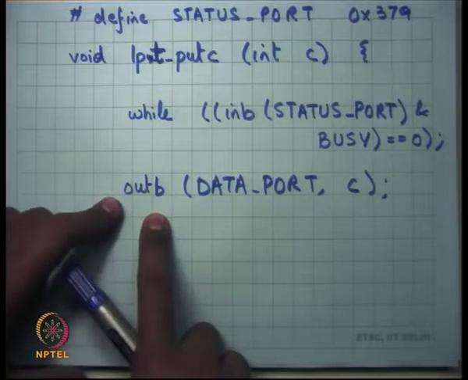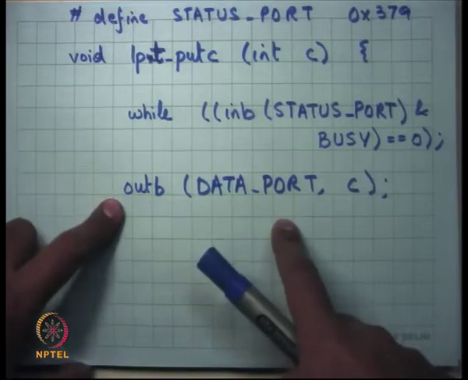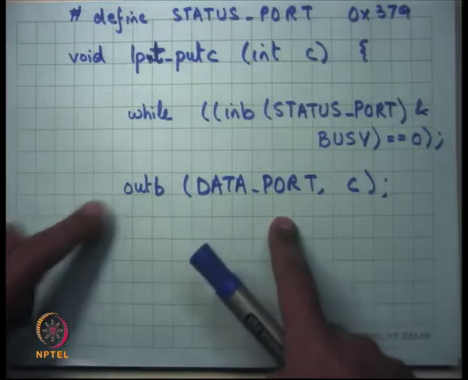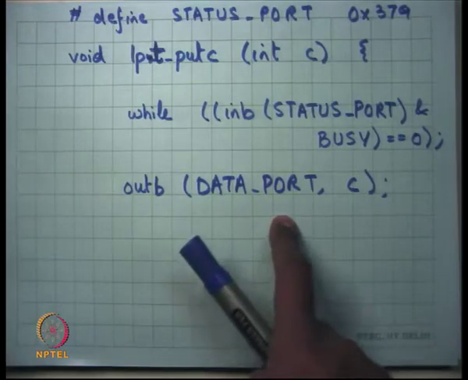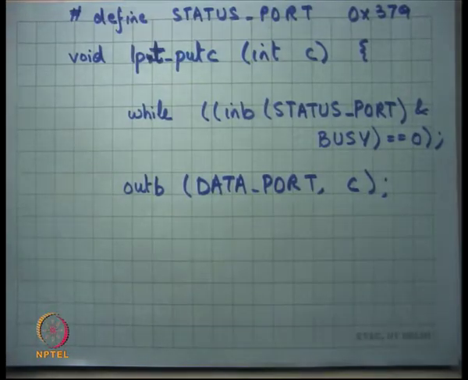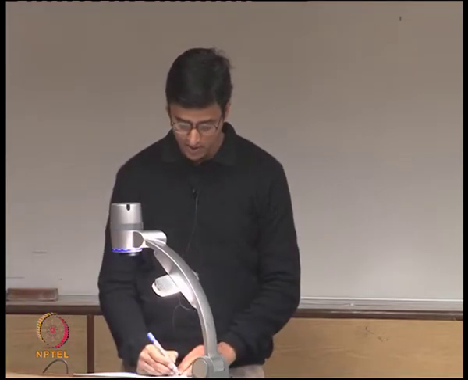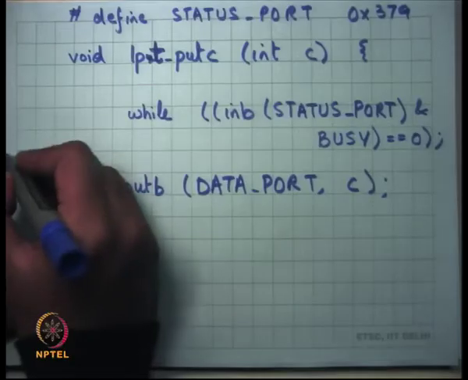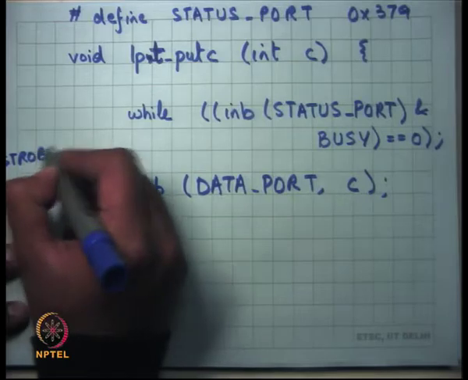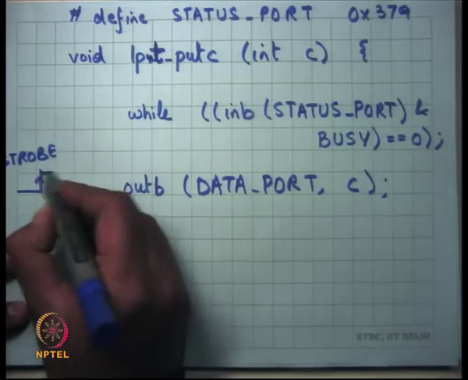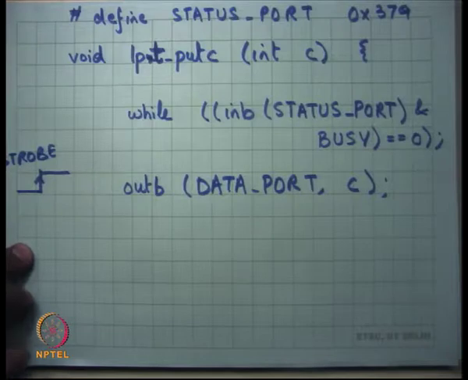And then I put a data value on the data port, and then I may need to tell the printer that look, now sample the data. I put the data in your register, now pick up the data, and let's say the printer was edge triggered, which means there is some strobe signal in the printer which picks up the data on every edge or every transition of the strobe signal.